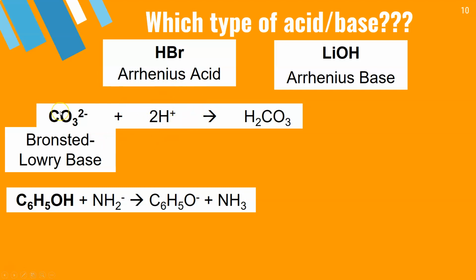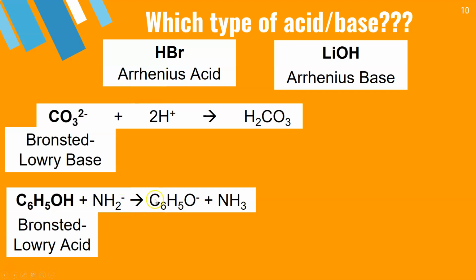It's going to accept them. Takes them out of solution and accepts them. Now this one, if we look, it gave one of its hydrogens away, didn't it? That makes it a Bronsted-Lowry acid.